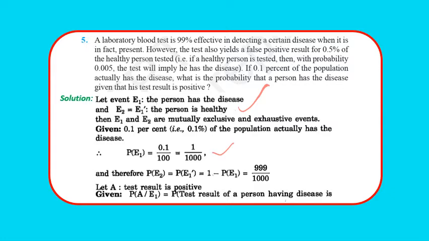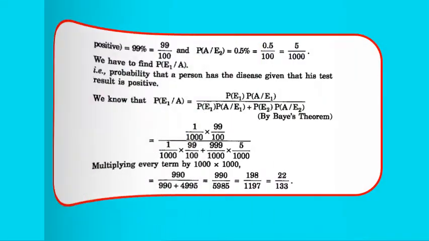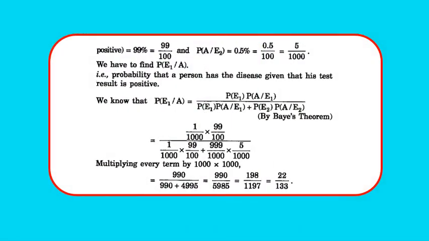Therefore probability of E2, probability of E1 dash, is 1 minus P(E1), which is 999 upon 1000. So let A be the event that test result is positive. So given probability of A by E1, that is the test result of a person having disease is positive, equals 99%. So it is 99 upon 100, and P(A/E2) is 0.5%, that is 5 by 1000.